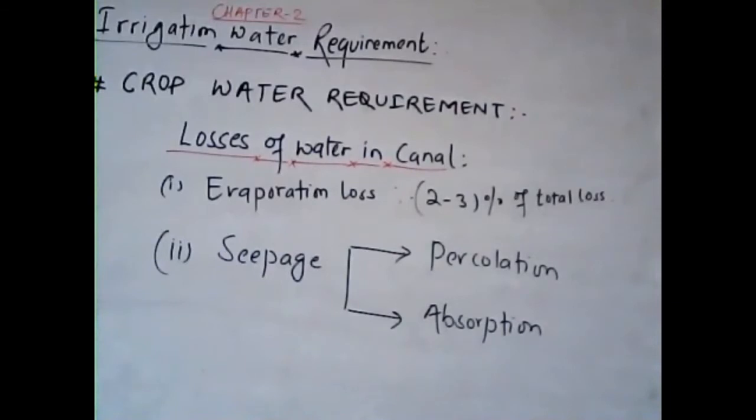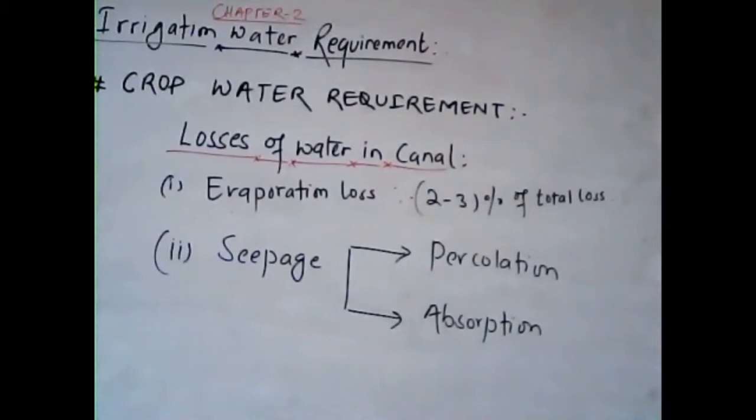Now friends, another thing that we need to assess is to determine the losses that are taking place in the canal. As we all know, in a canal there are different losses taking place, and only an efficient canal can irrigate a field efficiently, as long as there are fewer losses in the canal.